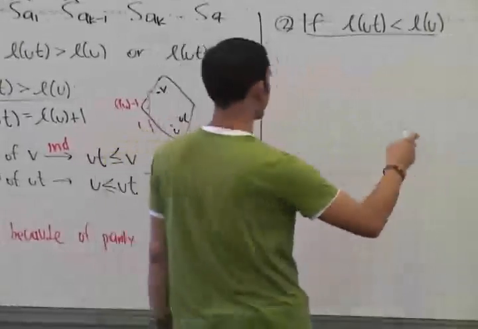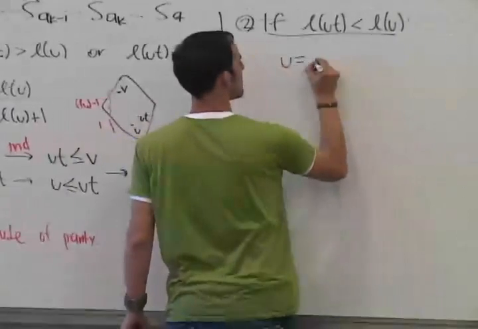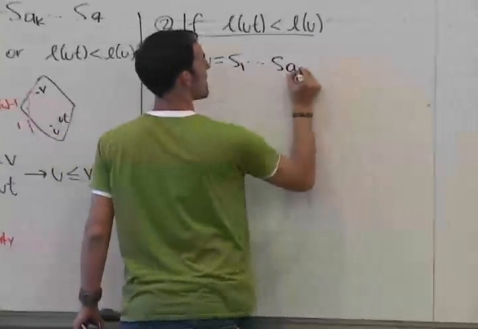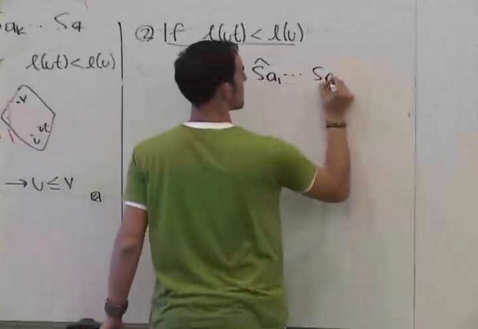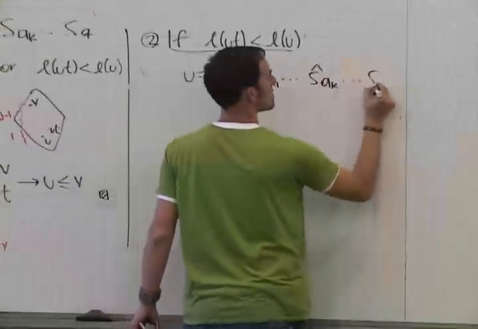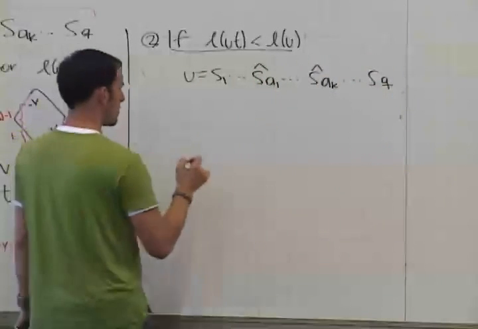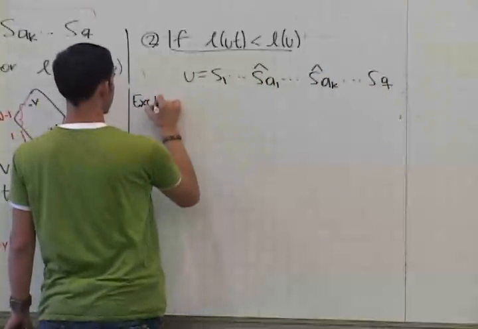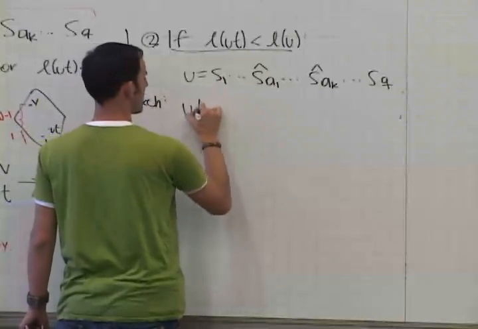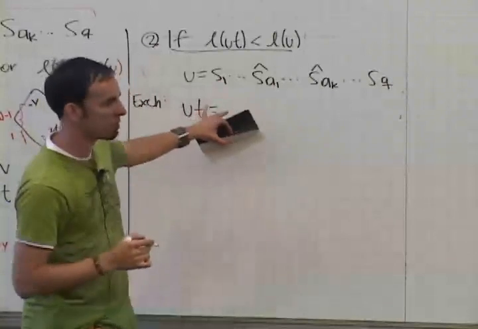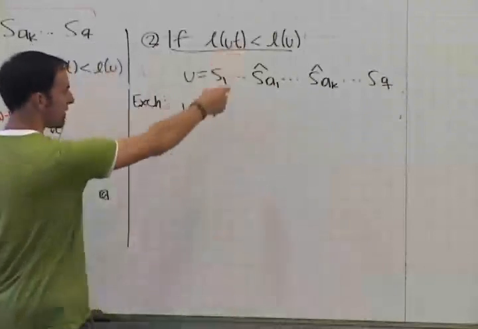Okay? So let's apply exchange. But let me remind you, what is U? U is S1, then SA1 is missing, SAK is missing, and then SQ. So by exchange, I know that UT can be obtained by removing a single letter from here.